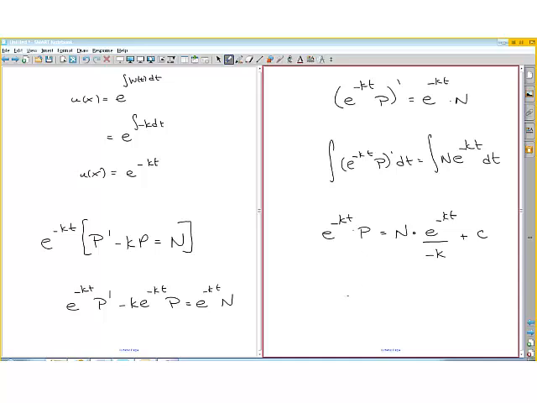Okay, so what do we do now? Well, we want to get p by itself. That's what we're trying to solve for. So we're going to multiply by e to the kt. So we multiply everything.